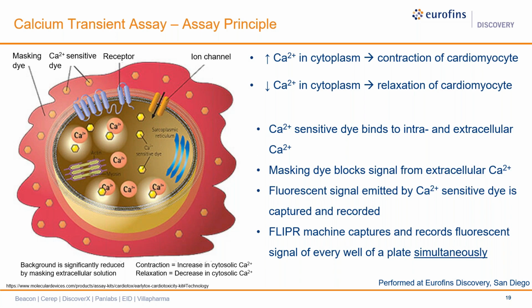Importantly, the calcium-sensitive dye emits a fluorescent signal that can be captured and recorded. And we are using the Flipper machine to capture and record this signal. Flipper stands for Fluorescent Image Plate Reader. And the beauty of this machine is that it can capture and record the fluorescent signal of every well of a plate at the same time and in a kinetic fashion.